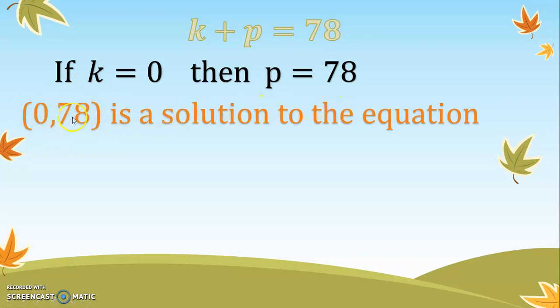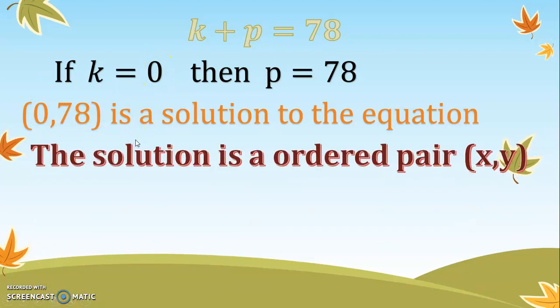How do we say it is a solution? If we substitute 0 in place of k and 78 in place of p, this equation holds true. So for a linear equation in two variables, the solution is represented as an ordered pair x comma y, where the first value is that of the first variable and the second value is that of the second variable.